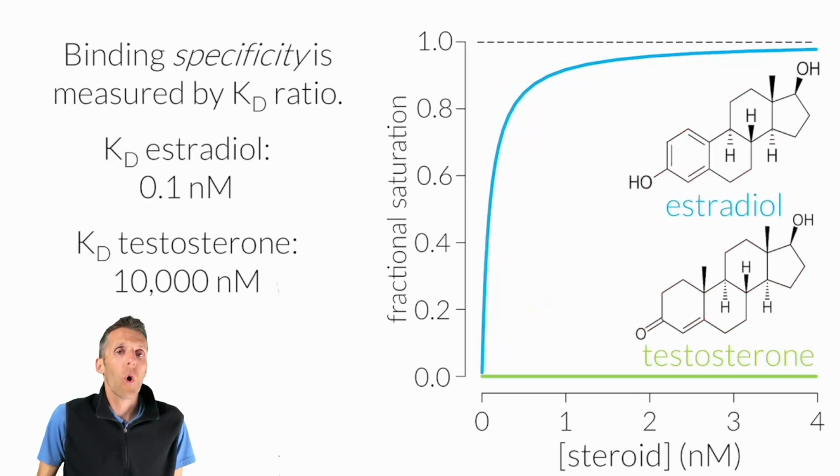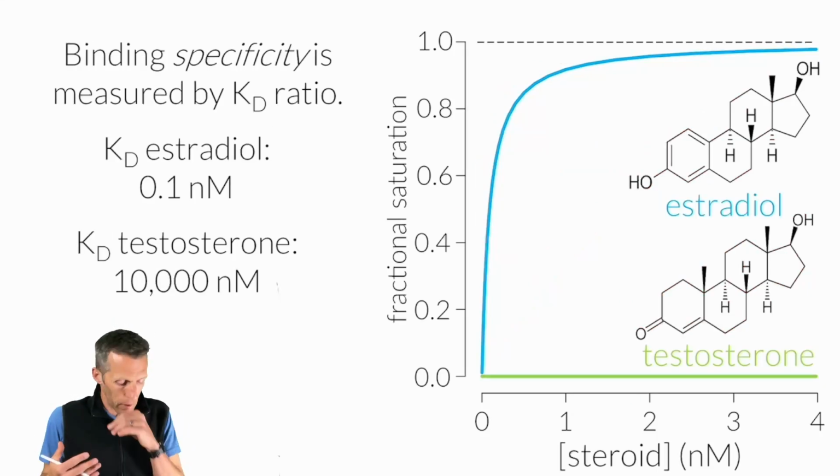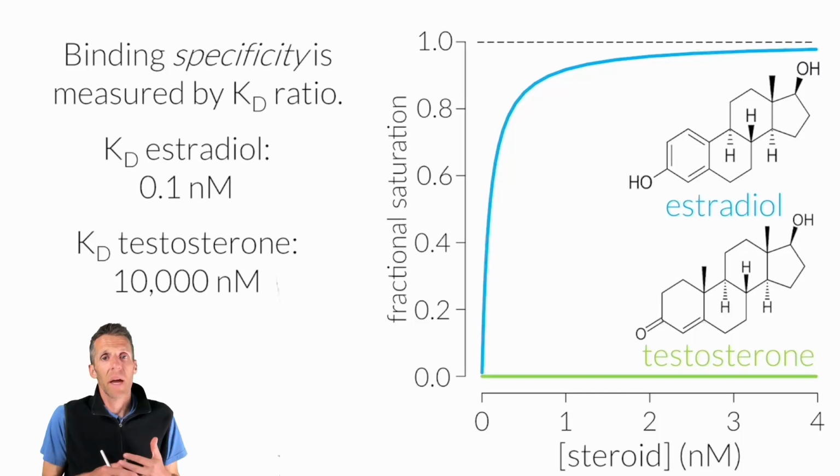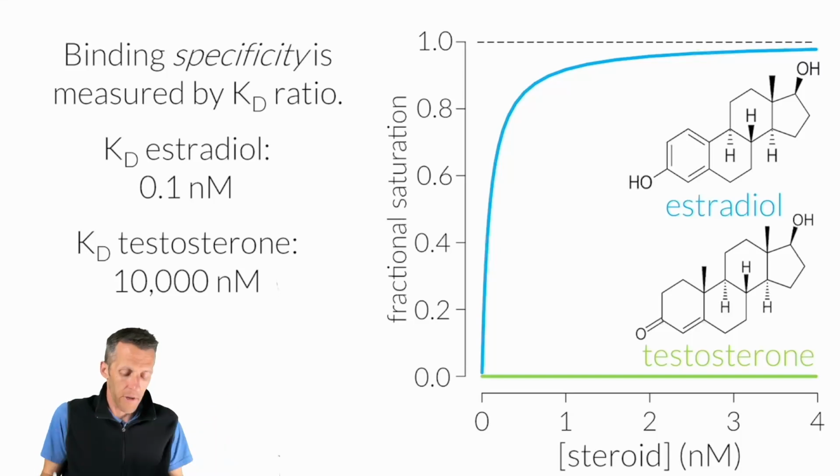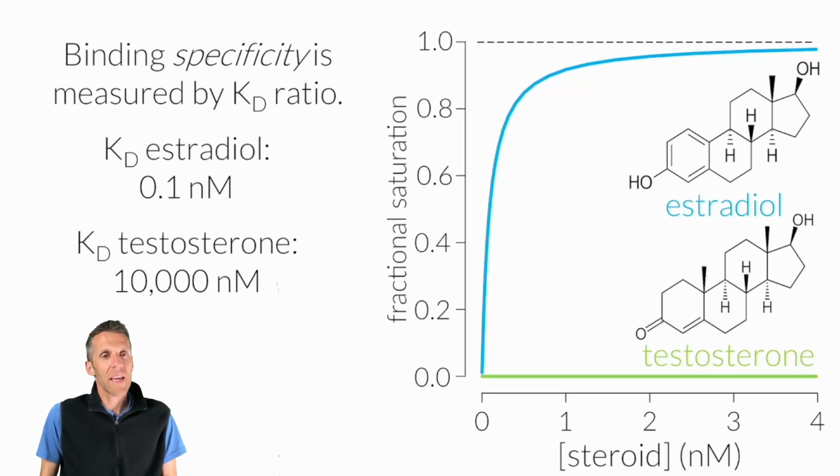Okay, we're almost done with the review, but one quick thing we're going to talk about is specificity. This is actually a little bit new. Last time I talked about how estradiol, which binds and activates this receptor, has a much lower KD than testosterone, which has a much higher KD, lower affinity. And I made this graph here. What I never actually said was how we describe the specificity quantitatively. The typical way we do that is using something called the KD ratio, or we'd often say the specificity or the preference.